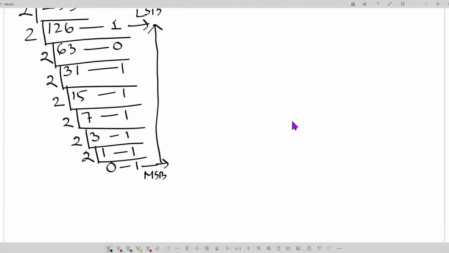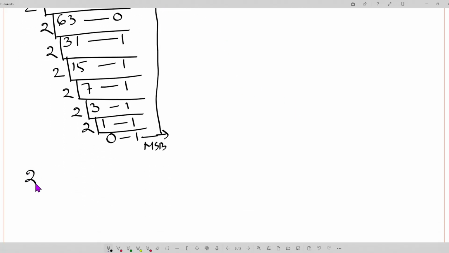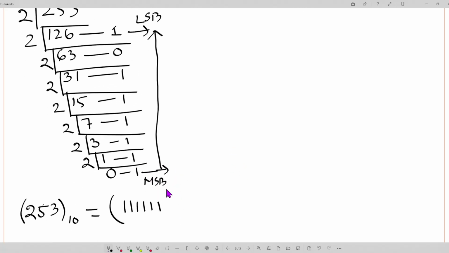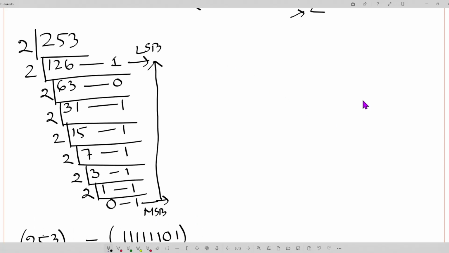So, 253 is a decimal number. After conversion, we will get 11111101, it becomes binary. So, the first part conversion is done.